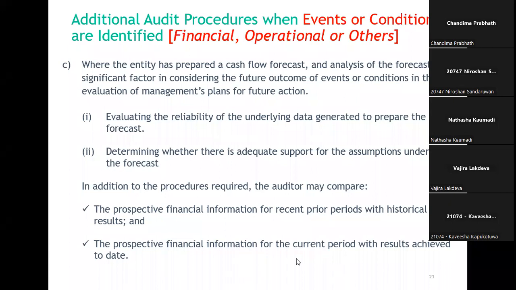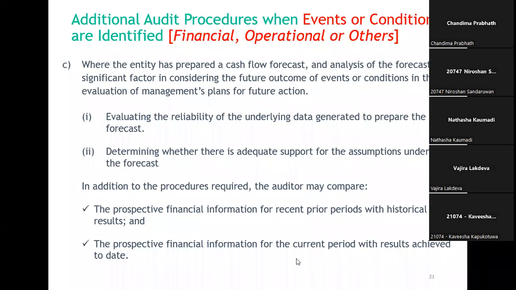Simple as that. Where the entity has prepared a cash flow forecast, an analysis of the forecast is a significant factor in considering the future outcome of events or conditions in evaluation of the management plans for future action. Evaluating the reliability of the underlying data generated to prepare the forecast. So when we get the cash flow forecast, you need to consider the reliability of data, determining whether there is adequate support for the assumptions underlying the forecast.